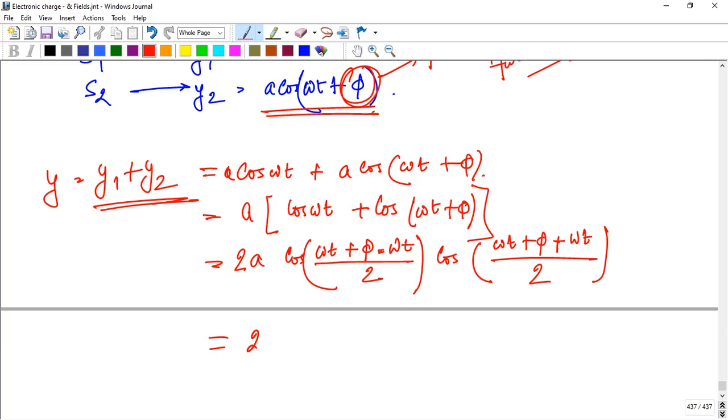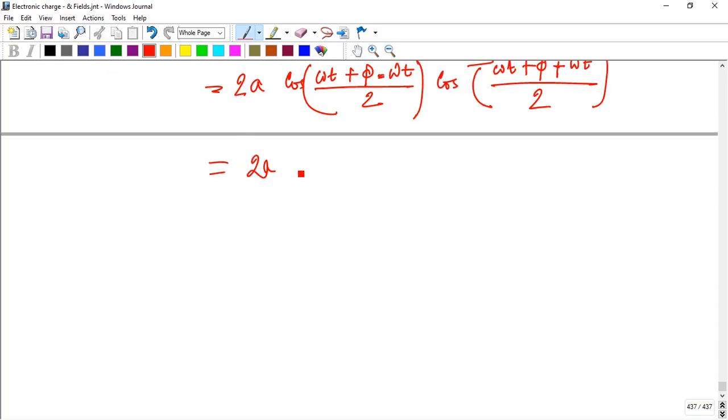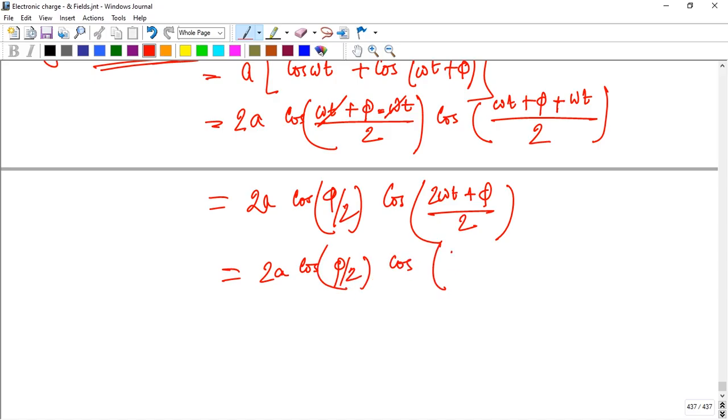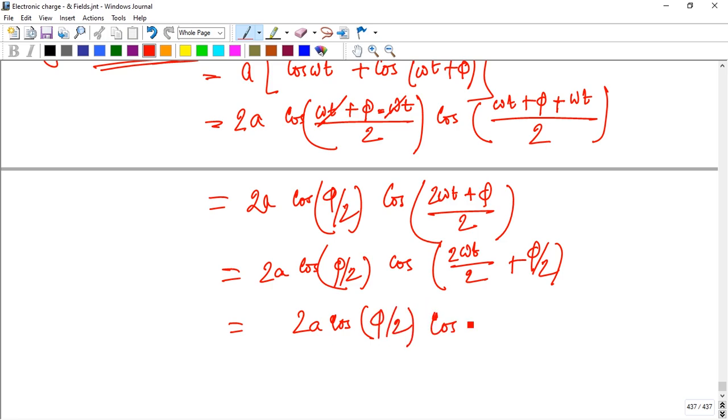These cancel, so we get twice a cos phi by 2 and cos of (2 omega t plus phi) by 2, that is, cos of (omega t plus phi by 2).